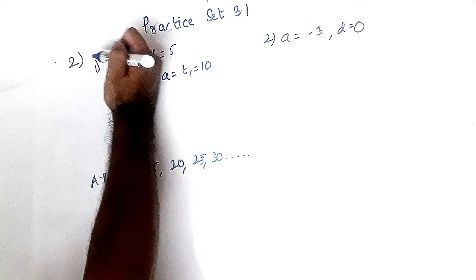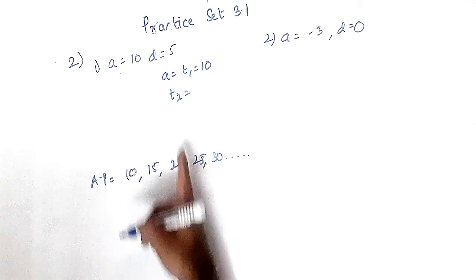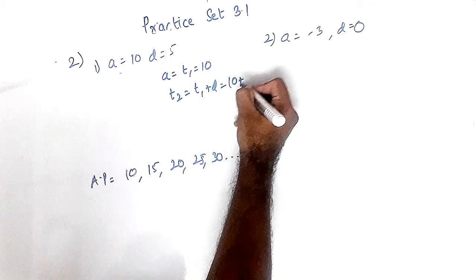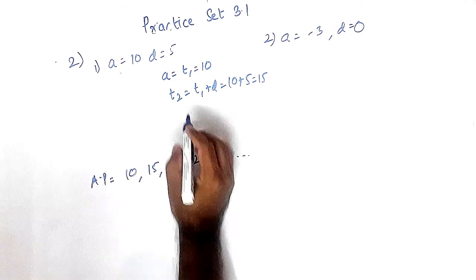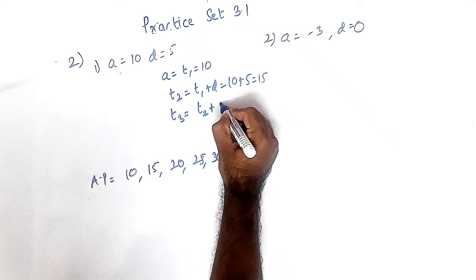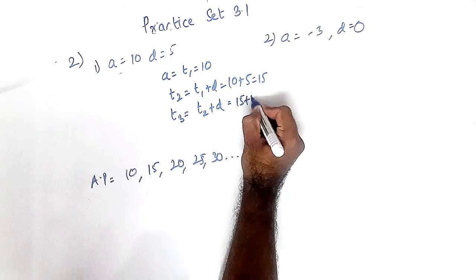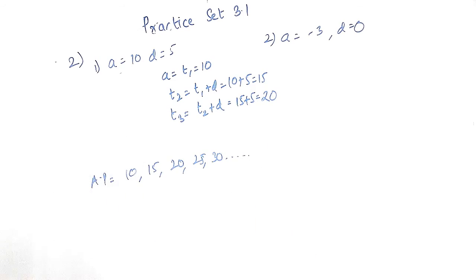Okay, then I'll write T2 is equal to T1 plus D. So 10 plus 5, 15. This is how you have to represent. Okay, then T3 equals to T2 plus D. Okay, so it is 15 plus 5, that is equal to 20.